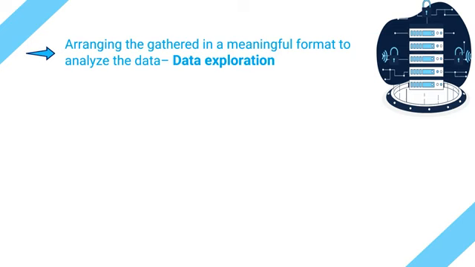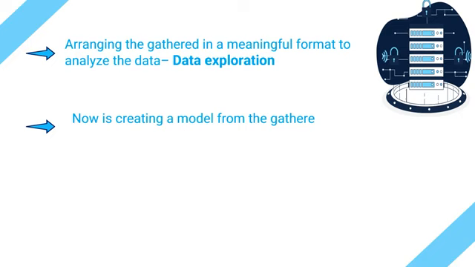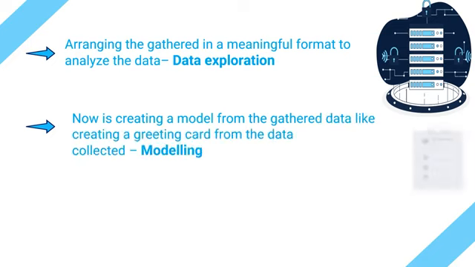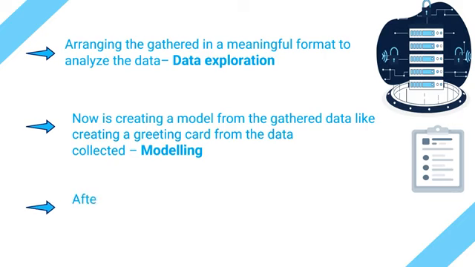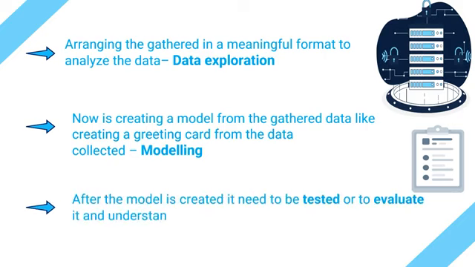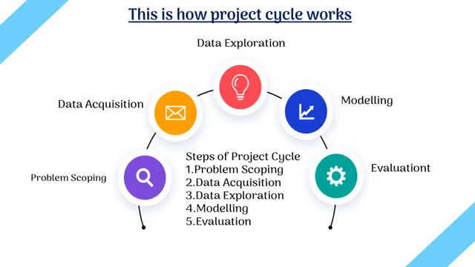Now, after the data is collected and analyzed, we are good to go for creating a model, which in our case is the greeting card. And after the model is created, we will test it or evaluate it. In this case, we can show the card to parents or cousins for evaluation. This is how the project cycle works.